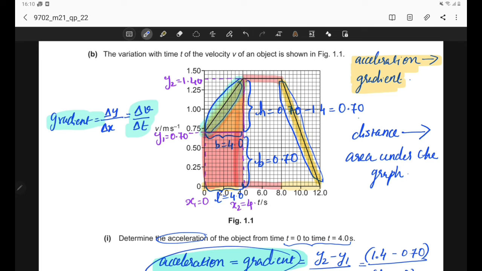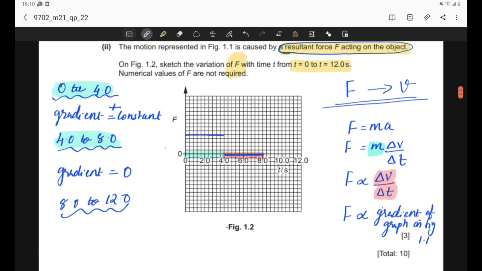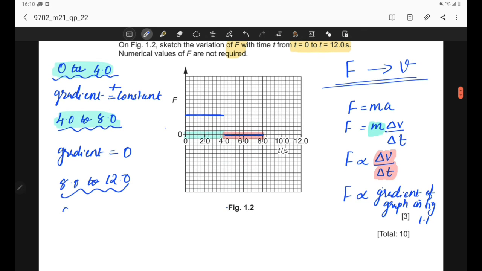But the slope is negative as it's going downwards. So the gradient during this section is again constant, because it's a straight line, but it is steeper and negative.